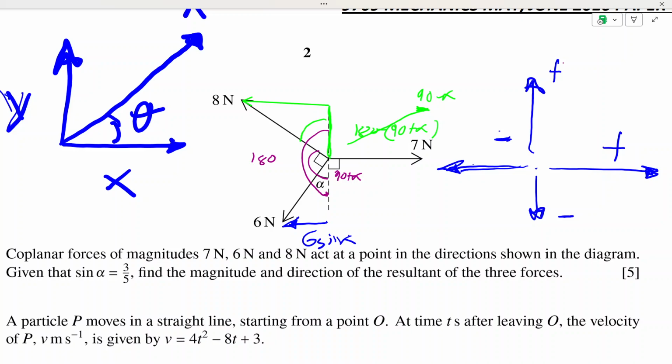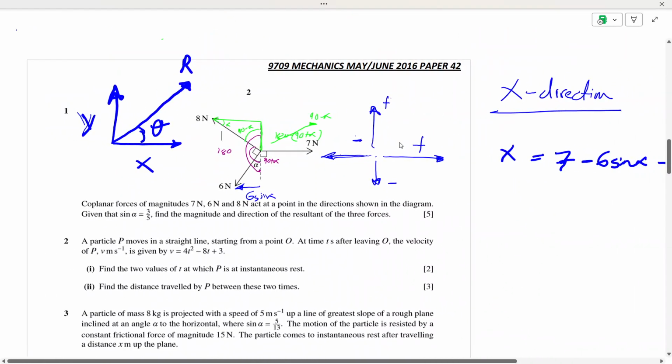So the angle in green is 90 minus alpha, and that ultimately means this other angle is equal to alpha.